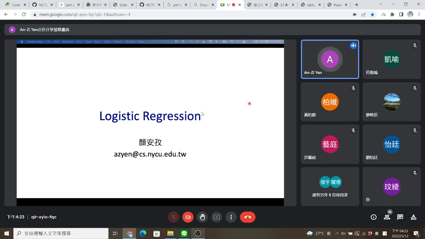So logistic regression is one of the most popular learning algorithms in supervised learning.